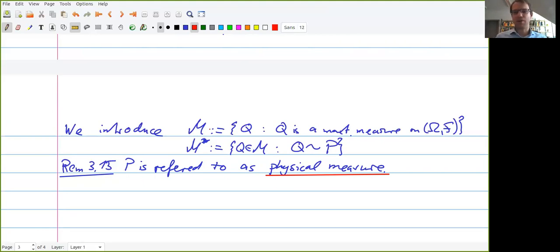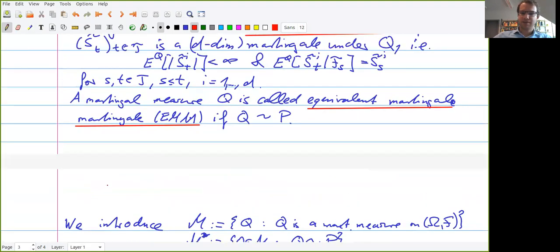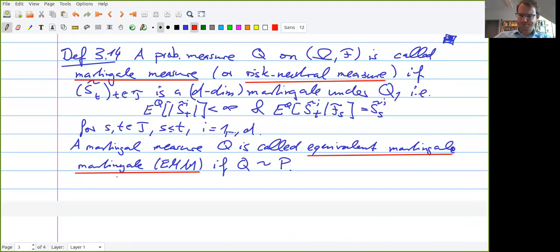Then there are other measures which come out of the theory, which are the martingale measures. Along the way in the course, we will understand better and better how important martingale measures are.